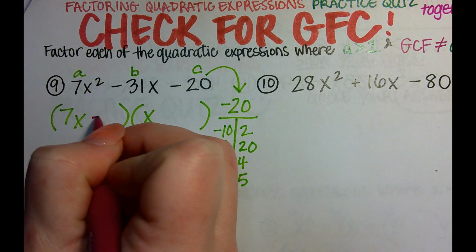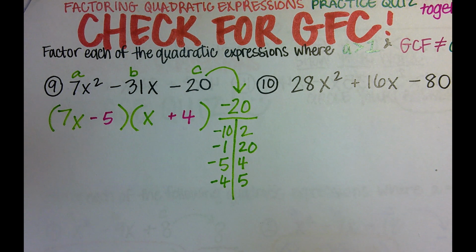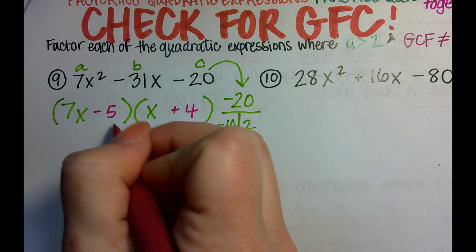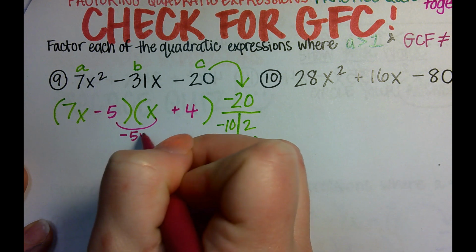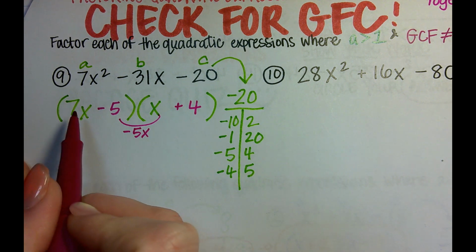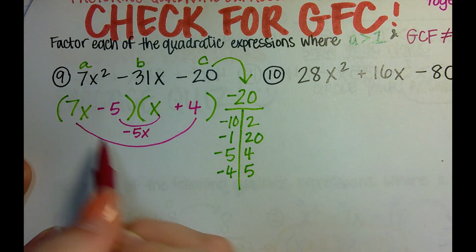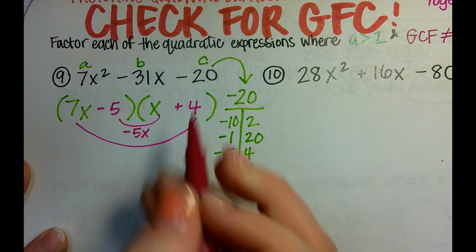So I'll put -5 plus 4, and let's just see what happens. So that's going to give me -5x, and 7x times 4, what's that give me? 28x.